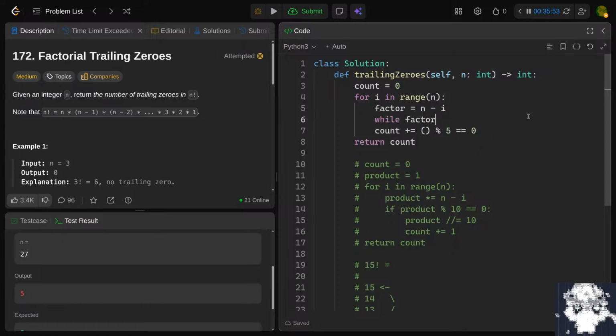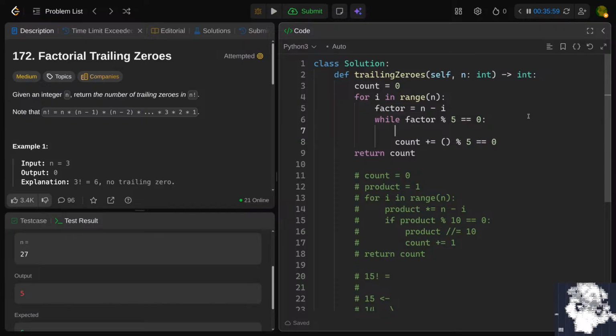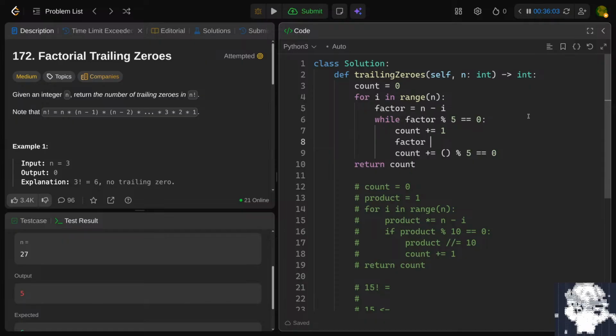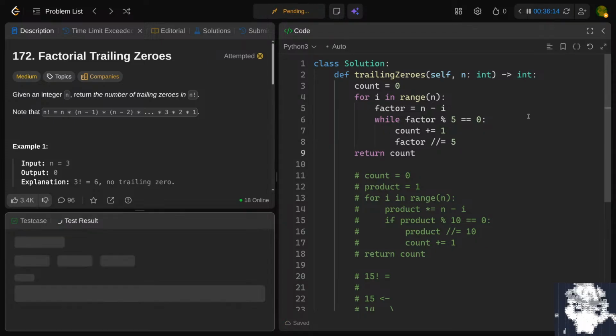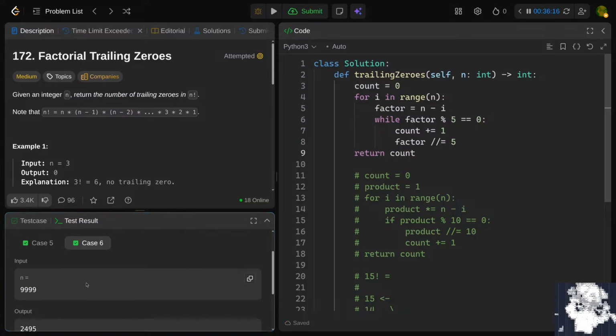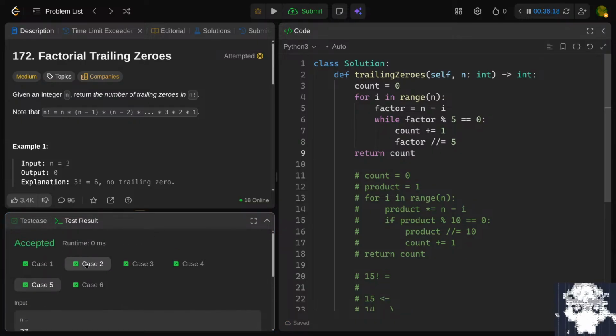While factor mod 5 equals 0, count plus equals 1, factor divide by 5. Okay. Now I get all the right answers.